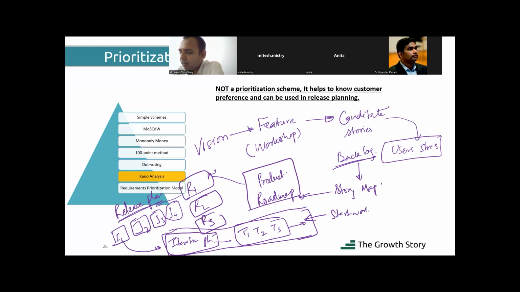Start working. Okay, so we will discuss this in adaptive planning, the module number 5, the domain number 5. So for now skip. This is a high level understanding.